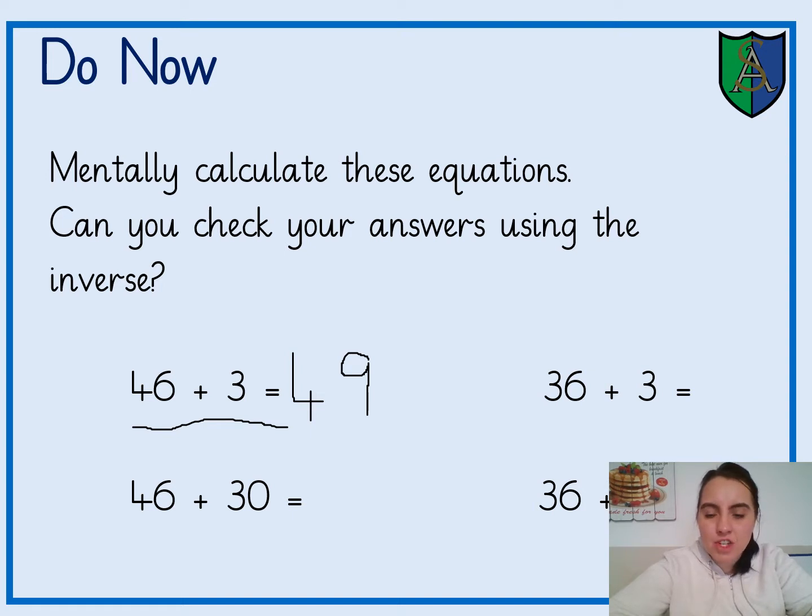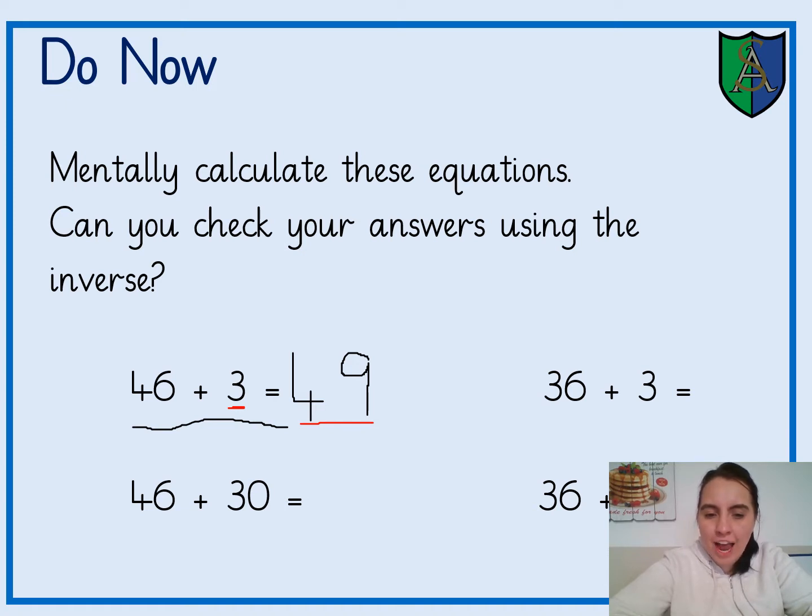Now I'm going to check this using the inverse operation, because remember, our inverse operation is where we take our answer, we take away a part, and that will help us to find out if our answer is correct, okay? Because if it works out that 49 take away 3 is equal to 46, then I know that my answer that I've put of 49 is correct.